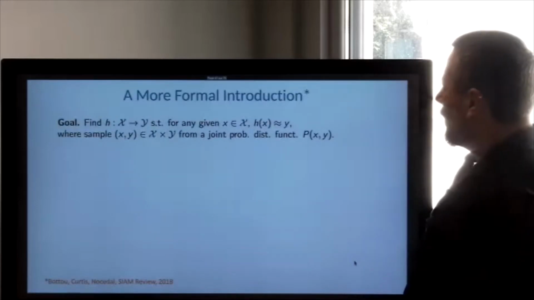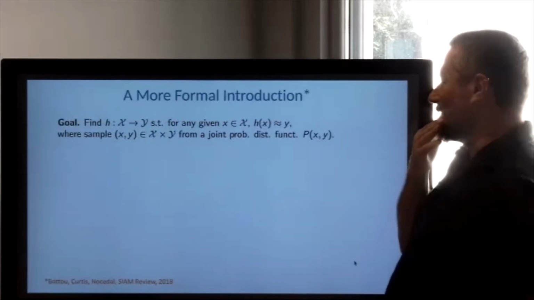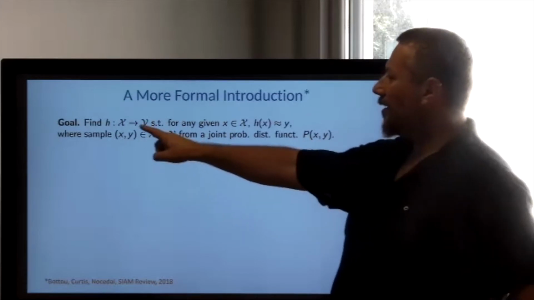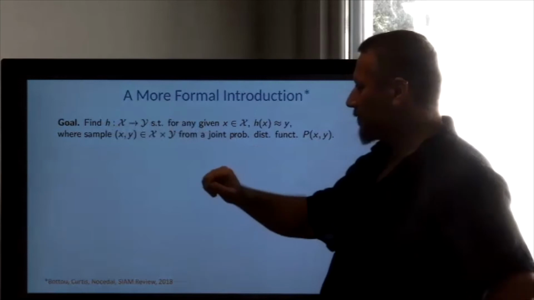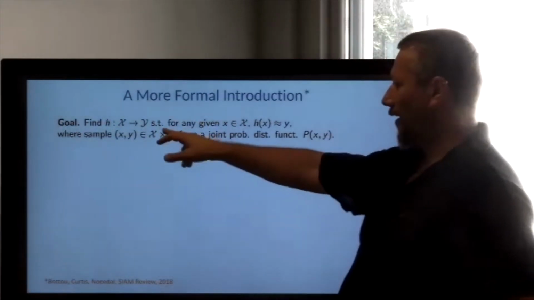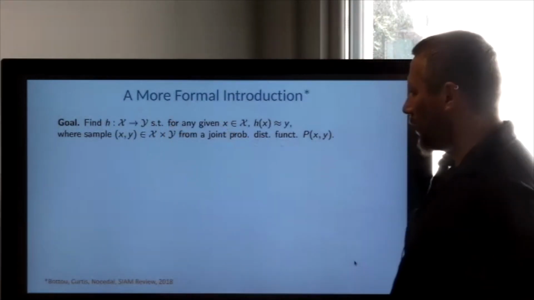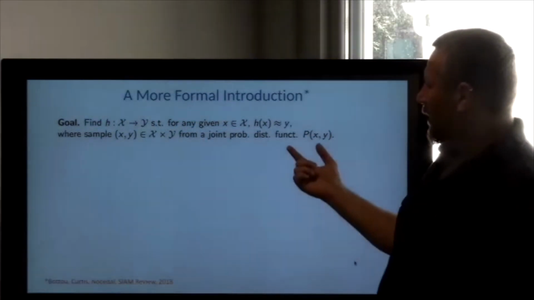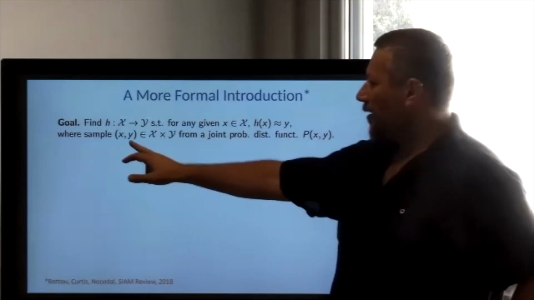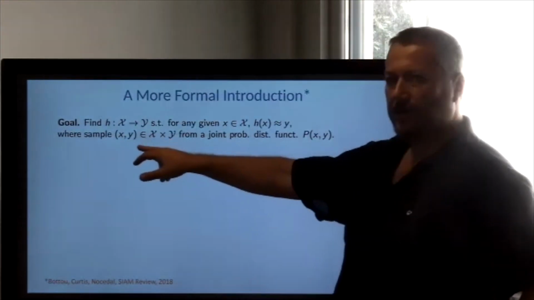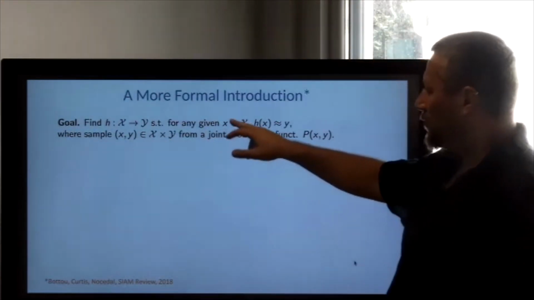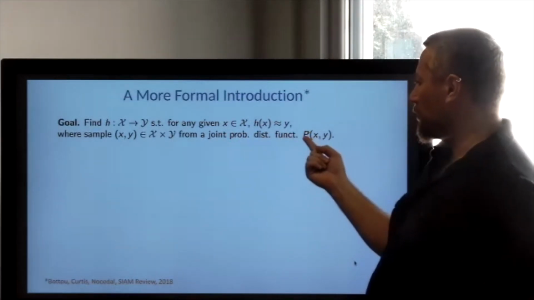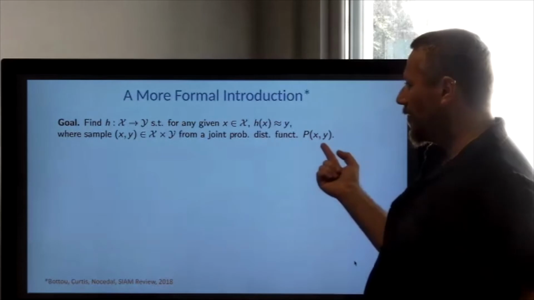So, a more formal introduction to what we are trying to do. We are trying to find a prediction function h from the input space x to the output space y, such that you choose a sample from this space xy, with respect to a joint probability distribution function pxy.